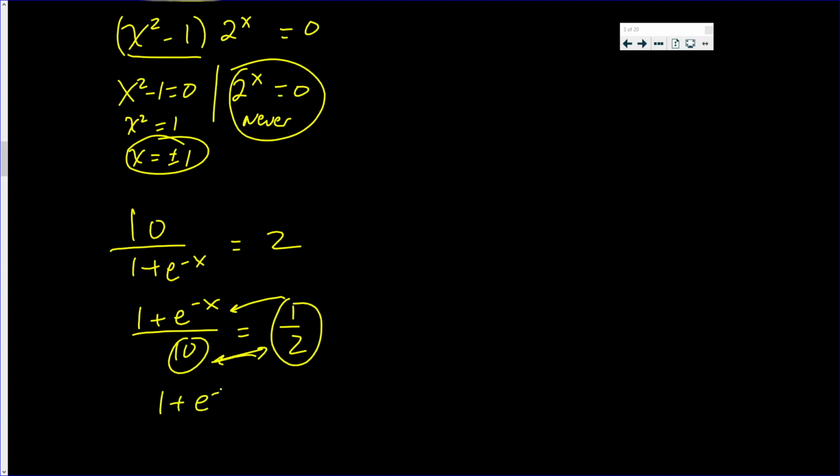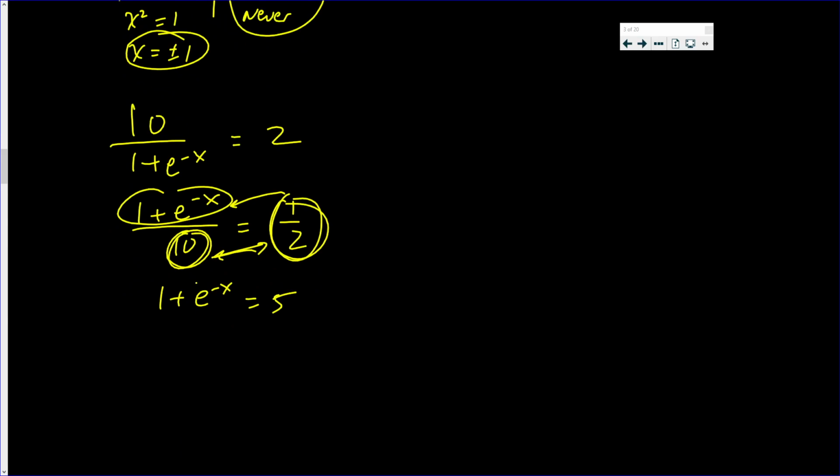So the numerator must be 5. And after all, 5 over 10 really is a half. The top has to be 5. So this has to be 4. This 1 plus 4 is 5.